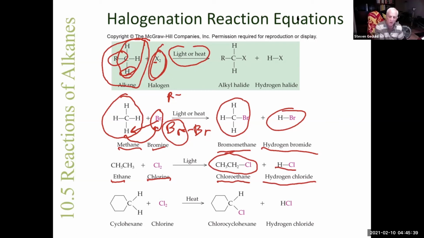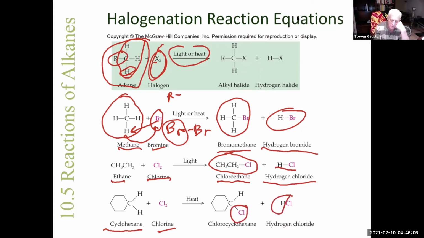Okay. And you get cycloalkanes also in this reaction. And remember, it takes heat or light or a combination of the two to go. So this is cyclohexane. That's your cyclohexane, 6 carbons. One of the hydrogens is replaced with a chlorine. You can react with chlorine in the presence of heat. So you add a chlorine here, and the other one replaces that hydrogen.